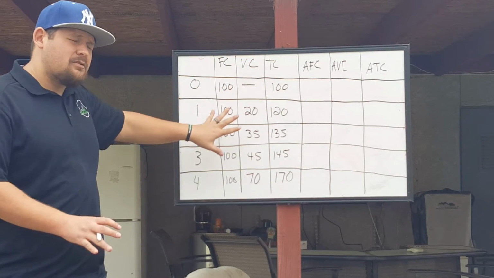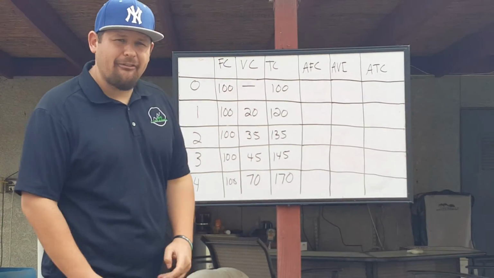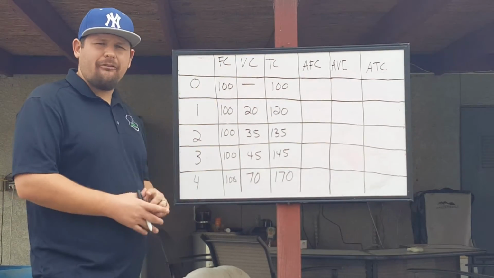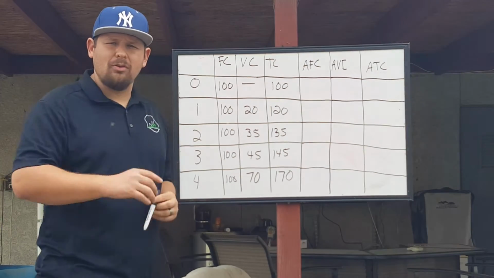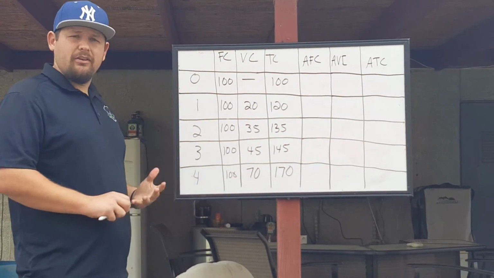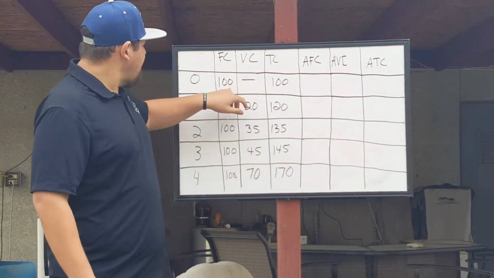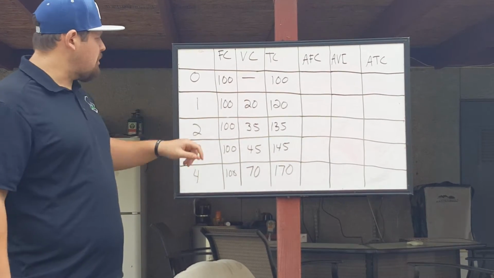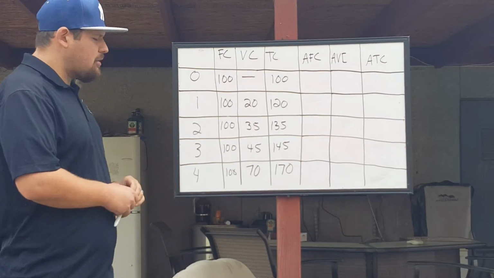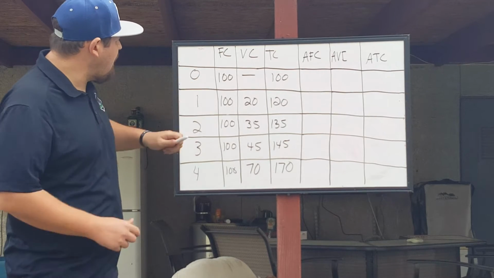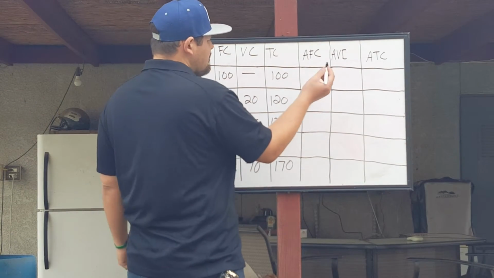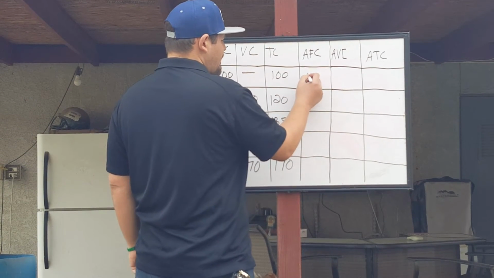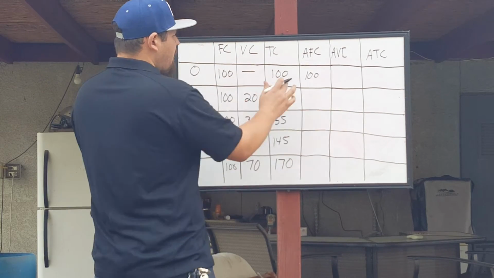Now, costs are here, but how do we put them on a graph, right? I said on that last graph for perfect competition, we had our average total cost. Well, we do it very simply. We divide our cost by the product that we produce. So, hypothetically speaking, when we're not producing anything, it's going to stay the same at 100. But we produced one item, right?